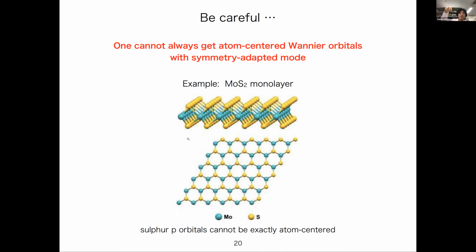But of course, if we create the Wannier functions and plot them in the real space, it looks like atom centered. But if we look at the center in the standard output file, it should deviate from the atom center.